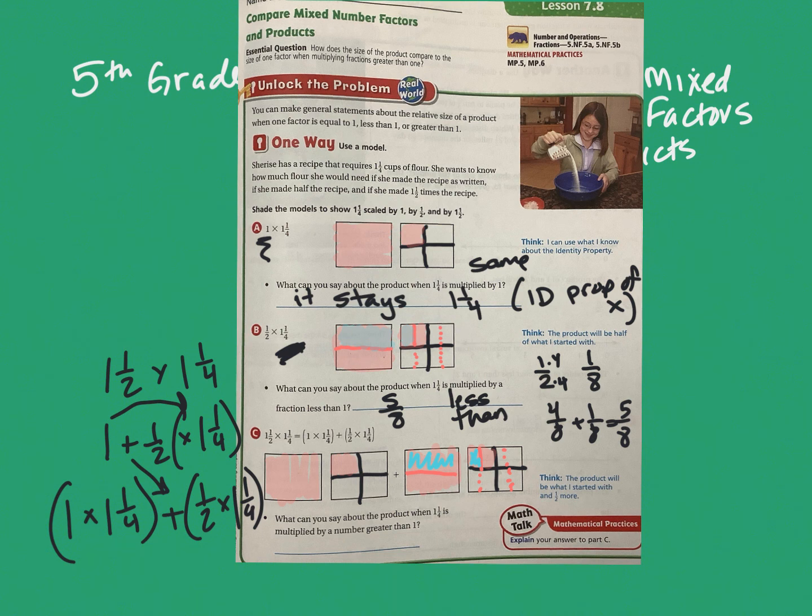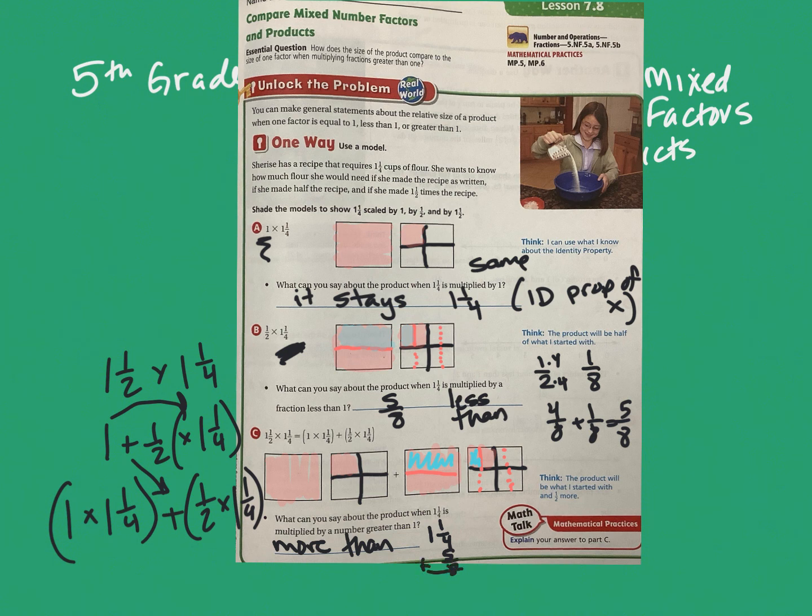That's what we had done here, which was smaller than. And we'd have to put those together. So we already know we have this amount. So if we're just having to say, is it the same, is it less than, or is it more? Well, it's this and this part. So it's more than our original factor, 1 1/4. And if we want to know exactly how much, we have 1 1/4 added to 5/8.